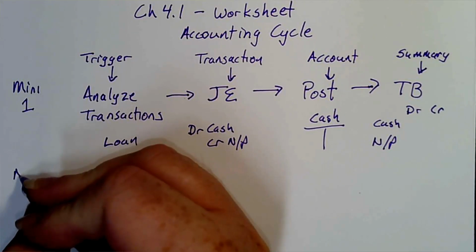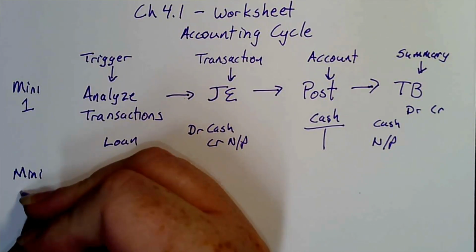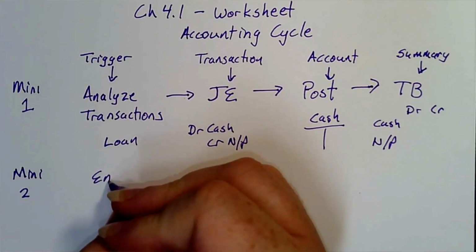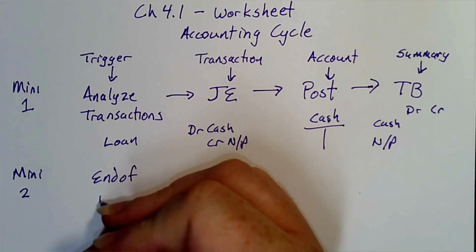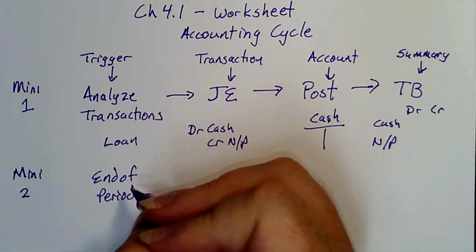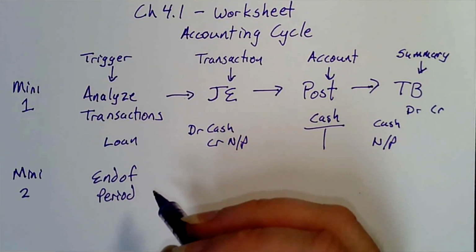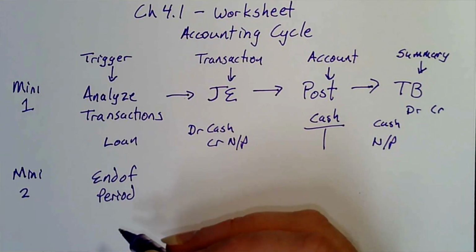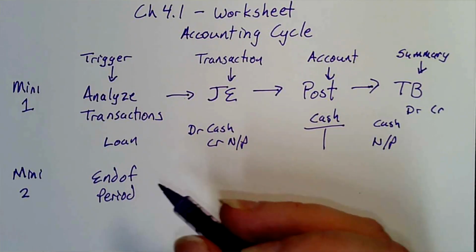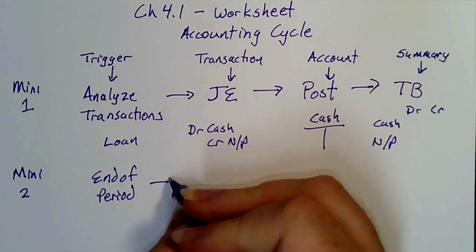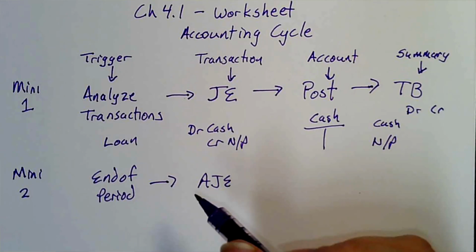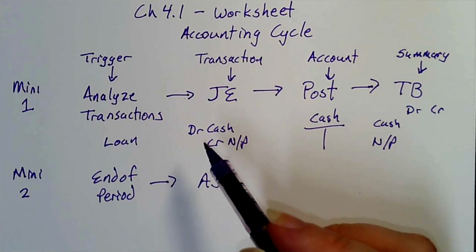Then the next mini cycle that we go through is, well, what is the trigger? It's the end of the accounting period. So let's say it's the end of the year, or the end of the month, whatever the end of the accounting period is. And what we end up doing is, instead of looking at journal entries, we're looking at adjusting journal entries. And these are still transactions, but they're not quite as visible.